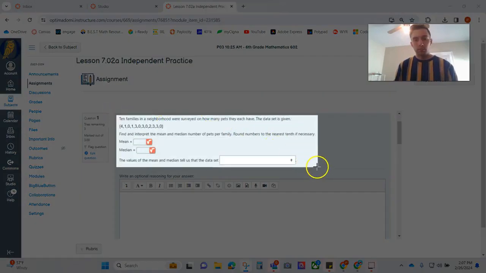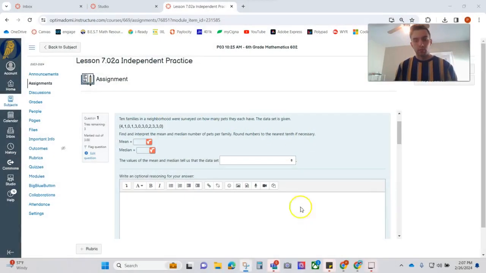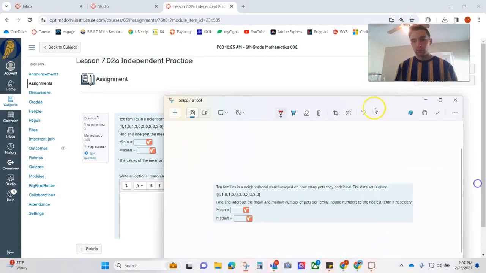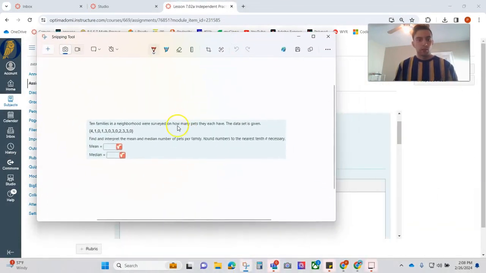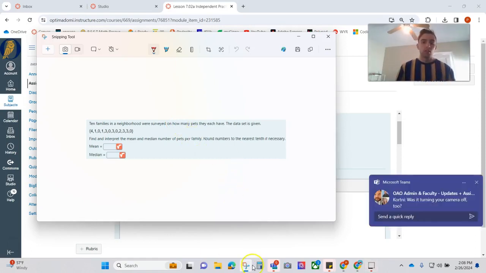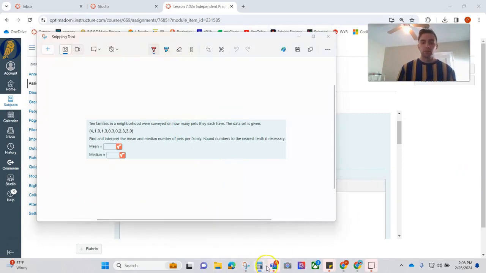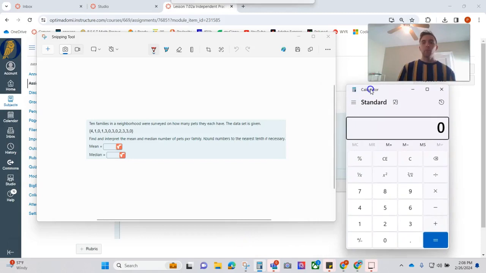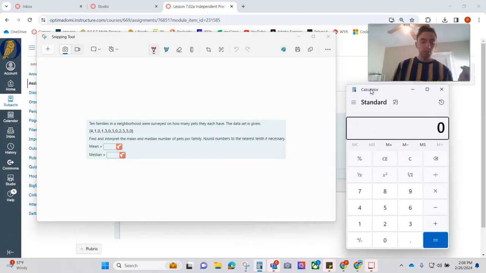So let's take a snip. Okay. So to find the mean, to find the average, I have to add all the numbers up and divide that by how many numbers there are. Divide the sum by the total amount of numbers.